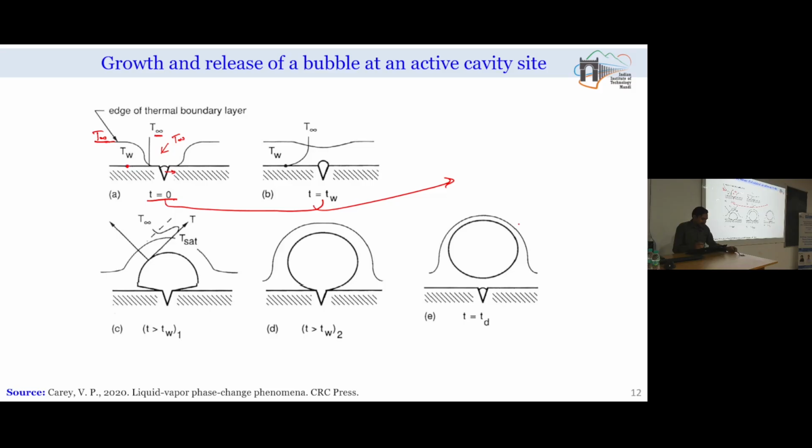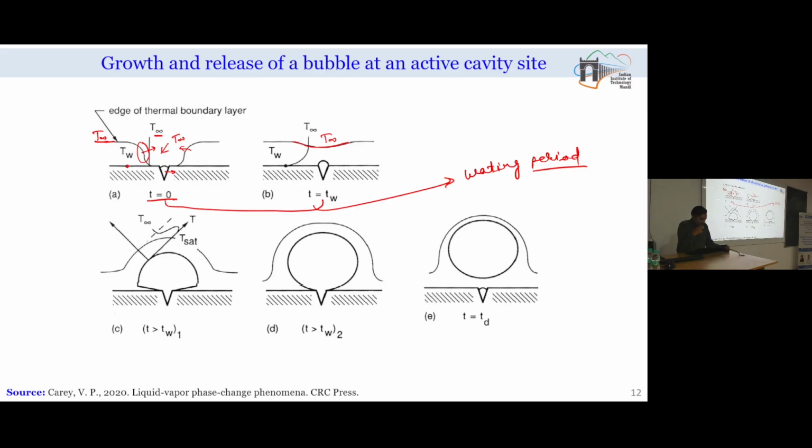Now, the period from the initial growth of the vapor till the time it just comes out of the cavity is called the waiting period, or waiting time, of the bubble. In the meantime, as the bubble is coming out, this thermal boundary layer will also progress, and ultimately they join each other with a small dimple at this particular location.